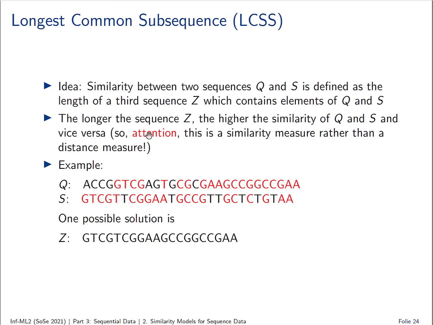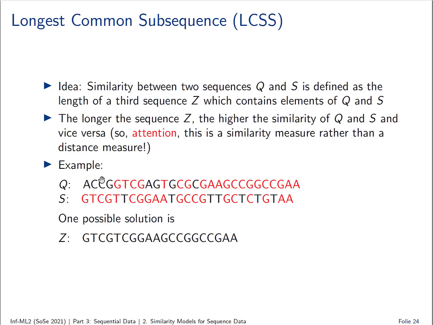Attention, this is a similarity measure, because the longer the subsequence is, the higher the similarity. So that is a similarity measure rather than a distance measure, where it's the other way around. Yeah? For a distance measure, a small value means high similarity.